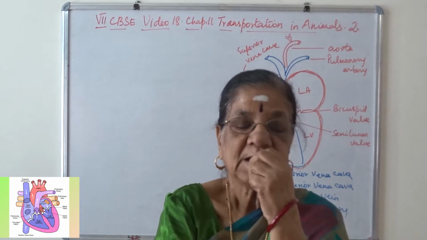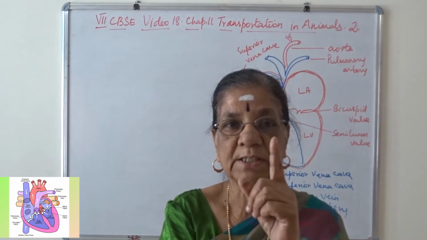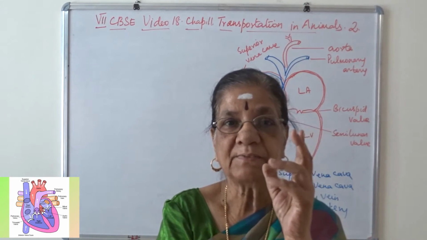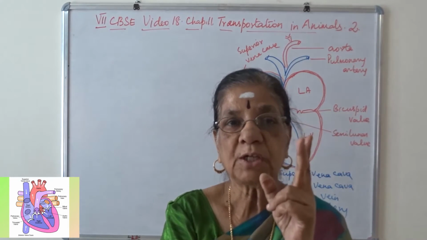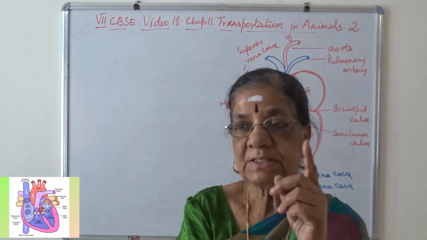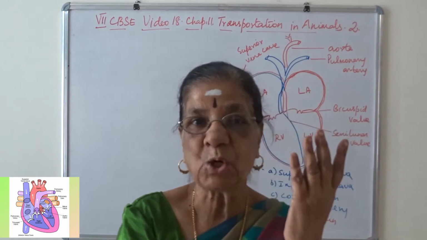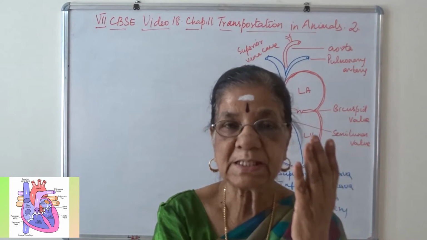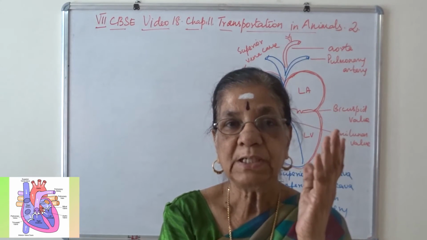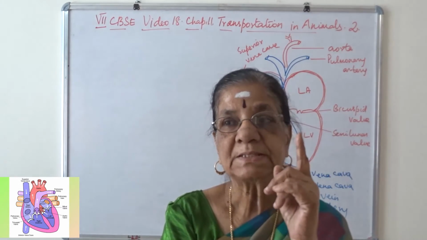Now in this, class Pisces will have 2 chambers, 1 auricle and 1 ventricle. Class Amphibia has 3 chambers, 2 auricles (atria) and 1 ventricle. The atrium is also known as the auricle; now we are naming it the atrium.